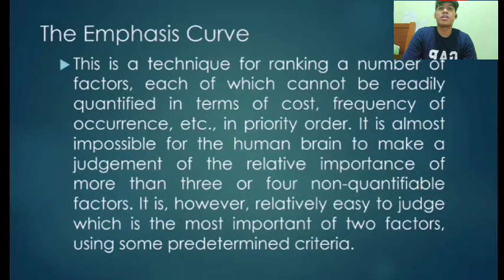This is a technique for ranking a number of factors each of which cannot be readily quantified in terms of cost, frequency, or occurrence in prior to other. It is almost impossible for the human brain to make a judgment of the relative importance of more than 3 or 4 non-quantifiable factors. It is, however, relatively easy to judge which is the most important of 2 factors using some predetermined criteria.